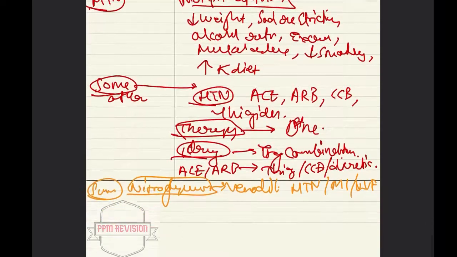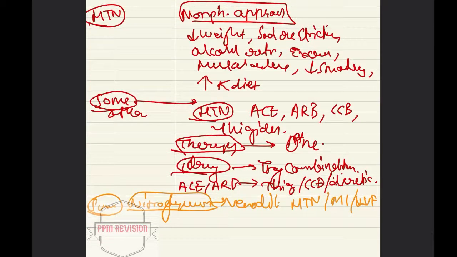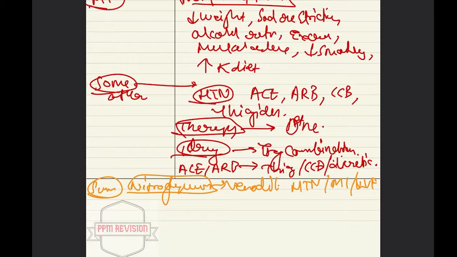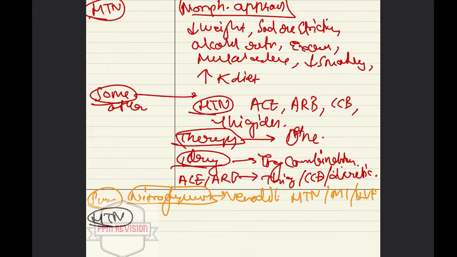Now looking at some of the points that we covered in treatment of hypertension. This is very important. How do you deal with a case of hypertension? Firstly, you tell about the non-pharmacological approach. What does this include?